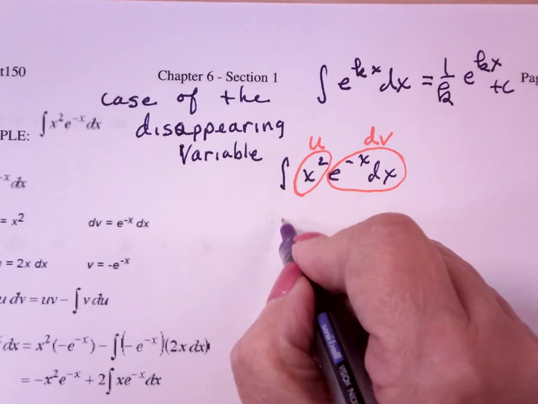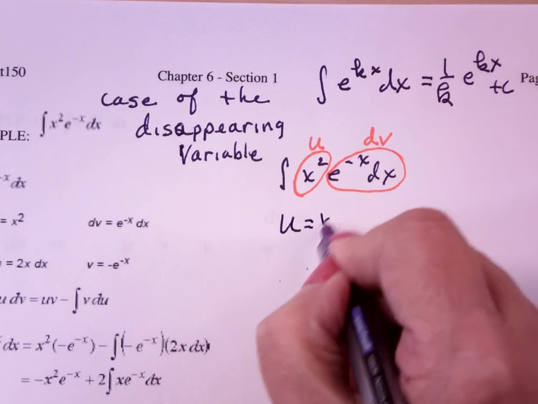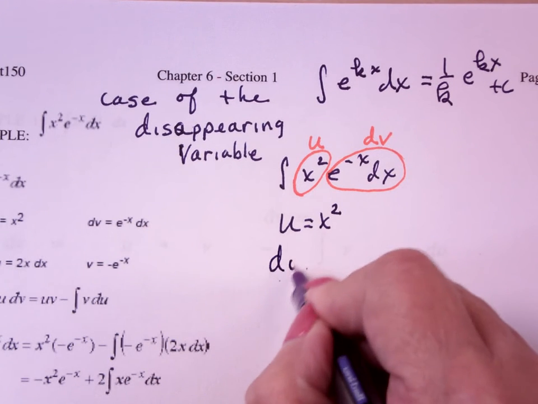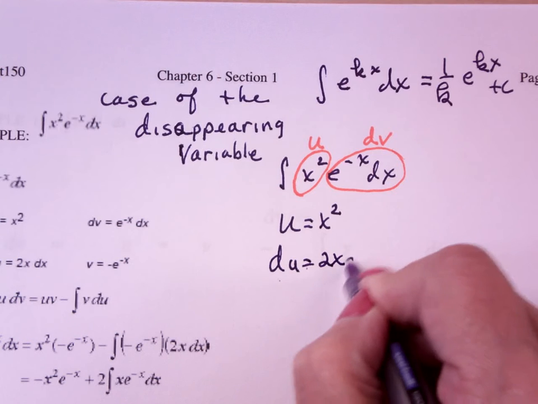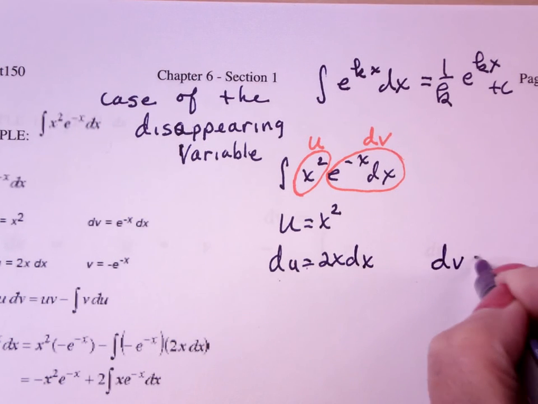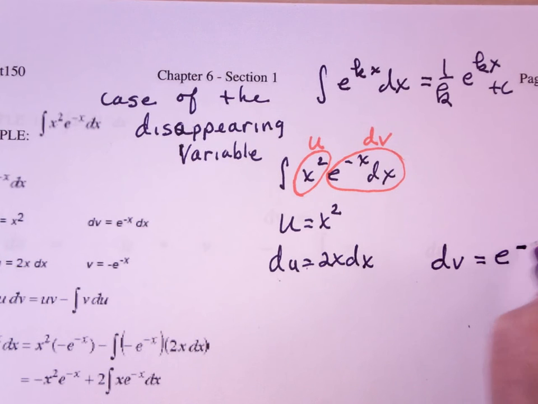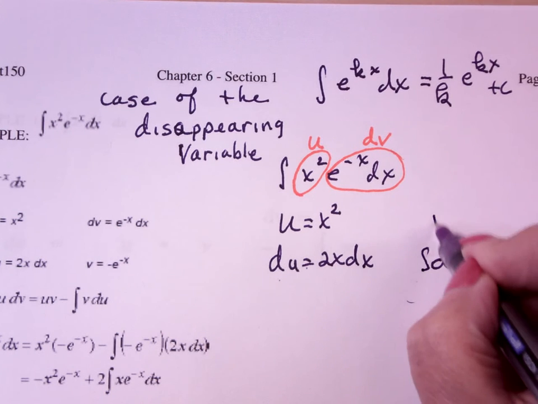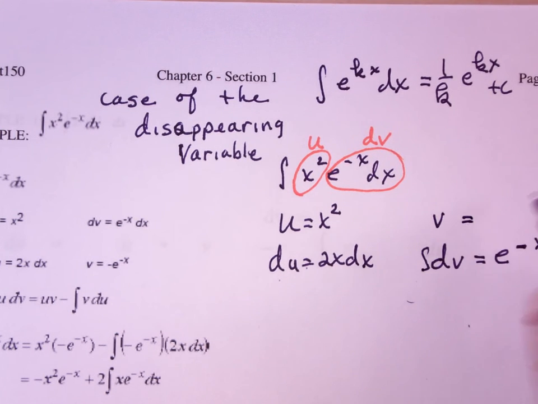So that says I'm going to let u be equal to x squared. And so du is 2x dx. And then dv is going to be e to the minus x dx. You're going to integrate both sides so that v is 1 over negative 1, which is negative e to the minus x.